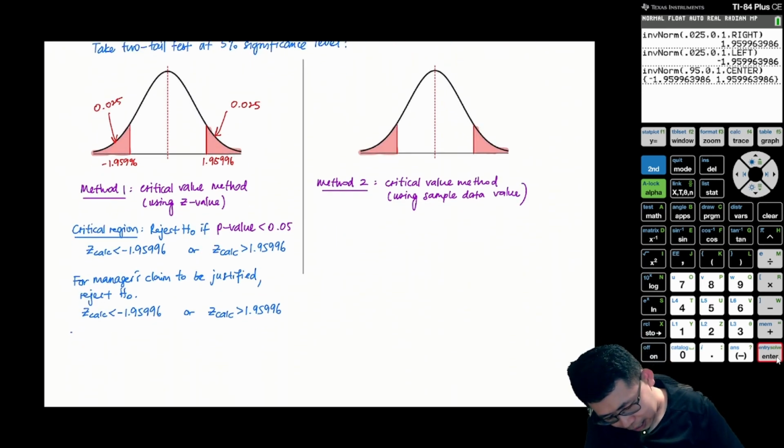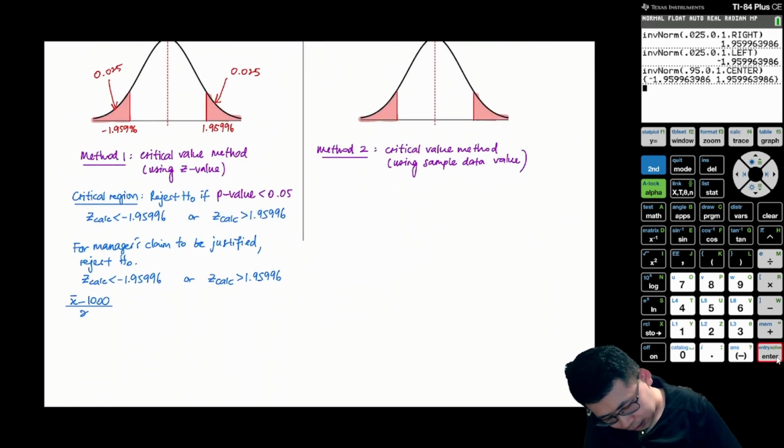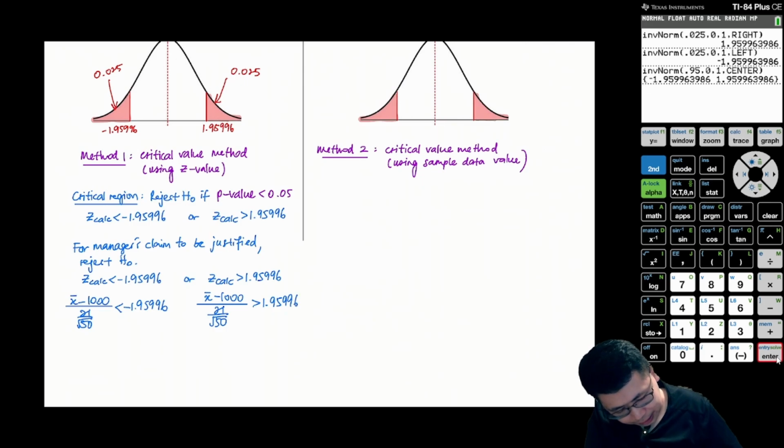So it will be X bar minus 1000 over 21 over root 50 less than negative 1.95996, or this value over 21 over root 50 greater than 1.95996.